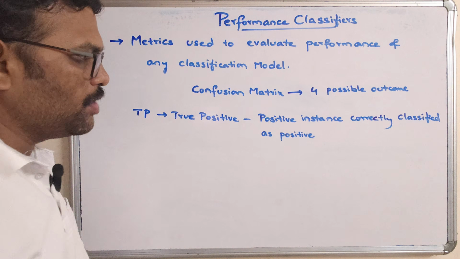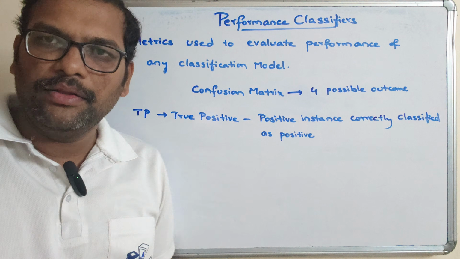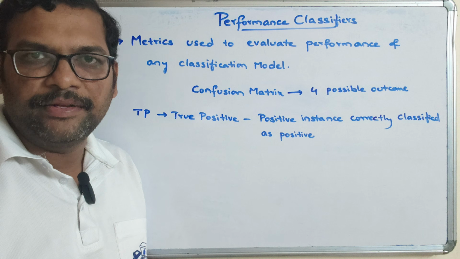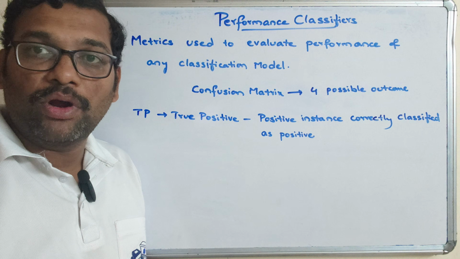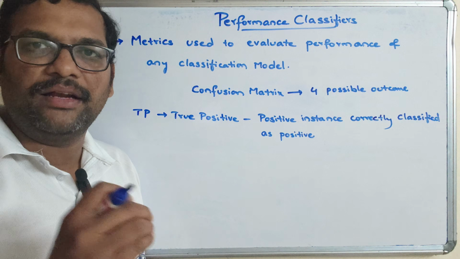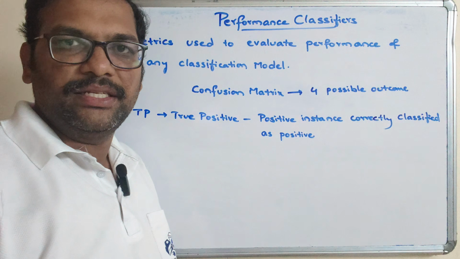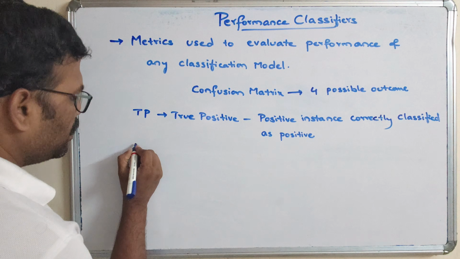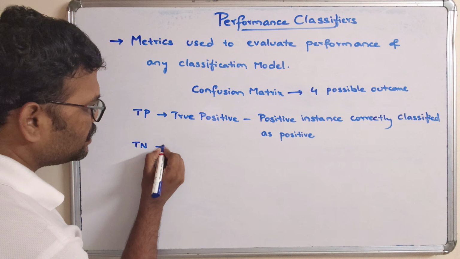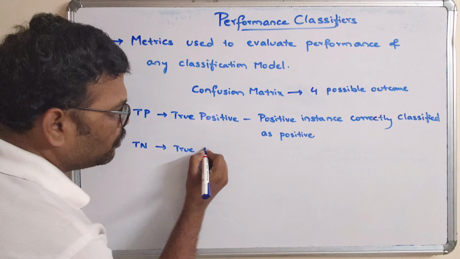For example, if you consider a model to predict the disease for a person, if a person has the disease and the model also predicted that the person has the disease, that comes under true positive.